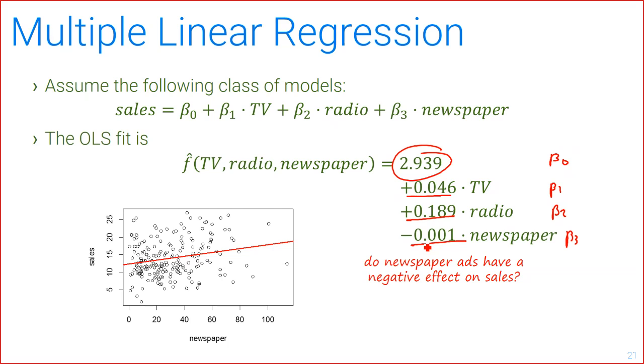Actually, if you just plot directly the newspaper versus the sales, you're going to see that the relationship is a little bit fuzzy, a little bit noisy, but if you fit the model sales equals beta 0 plus beta 1 times newspapers, it's got a positive slope. That means advertising on the newspapers is going to give you more sales. So why is this coefficient negative here?